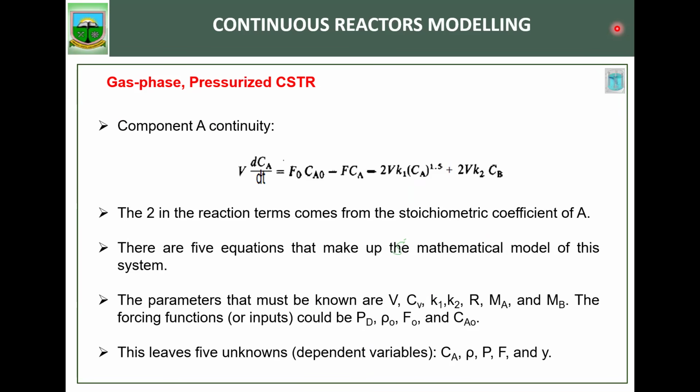So when you do this, you can now write the component continuity for the reactor. The amount of A in the reactor is equal to the input of A minus the output of A minus what? Because it's a reversible reaction, right?